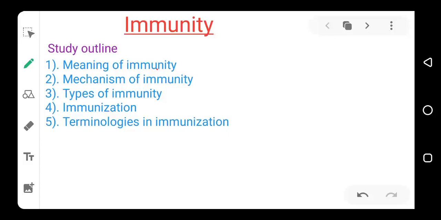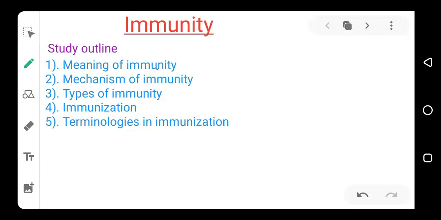In today's lesson, we want to look at the concept of immunity. Immunity is talking about our body defense mechanism, or the immune system.